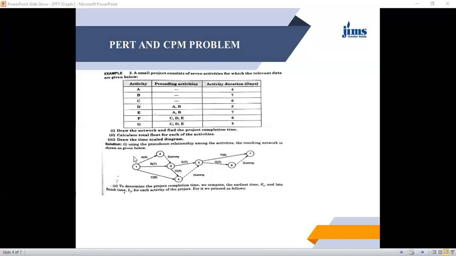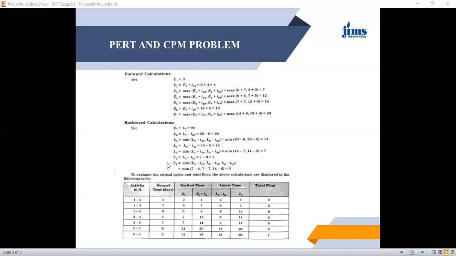So we consider event time of event number 1, E1 is equal to 0. So E2, the earliest start of event 2, will be equal to E1 plus Tij. Tij means activity time of A, so that is equal to 4. So here i is equal to 1, j is equal to 2, so Tij is activity 1, 2, its duration is 4 days. So 0 plus 4 is equal to 4.